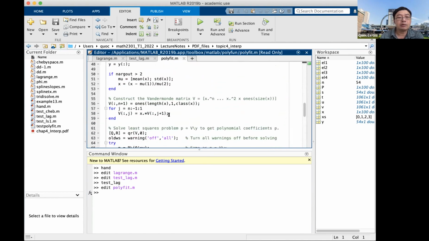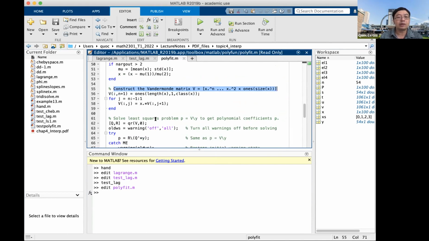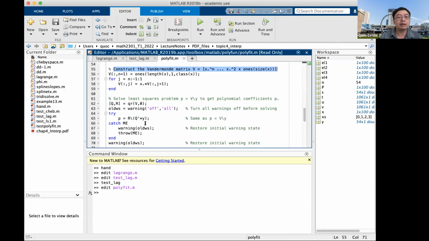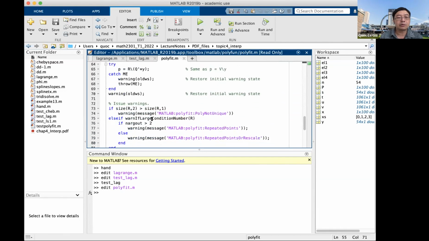And actually what it does is construct the Vandermonde matrix. You see, construct the Vandermonde matrix. And then once you have it, you just solve the linear system.